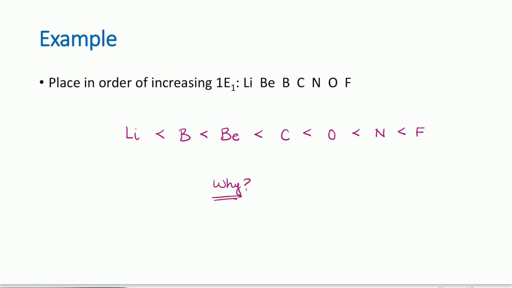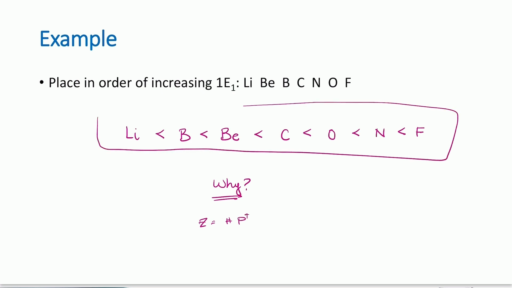To answer this question, I want you to think about the electron configurations. Your Z is number of protons, and see if it makes sense to you how we get this trend for the first ionization energy of each species specifically.